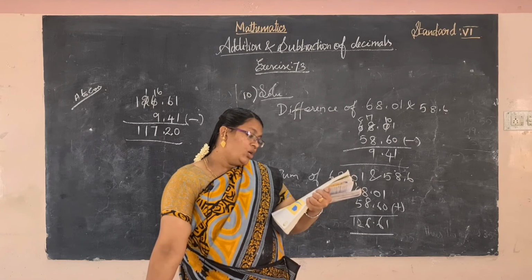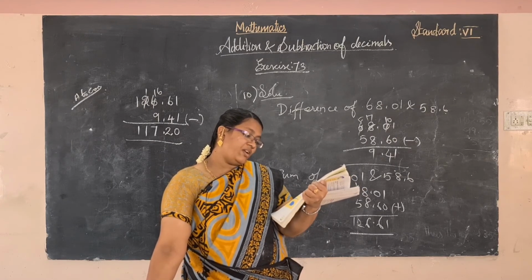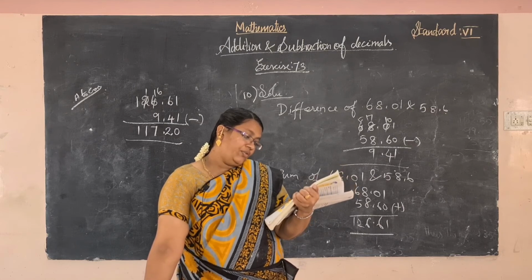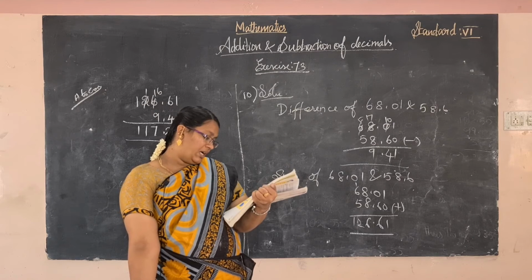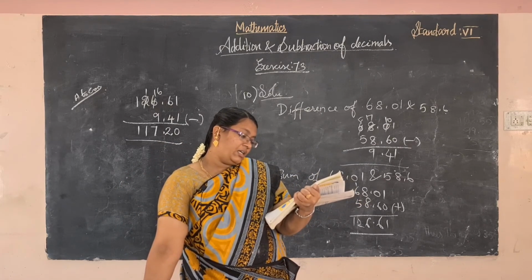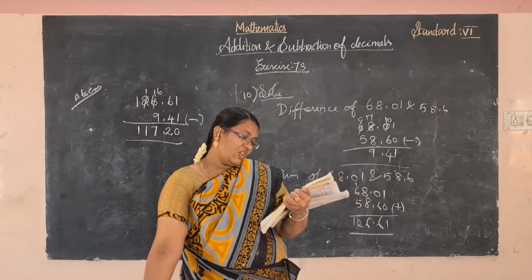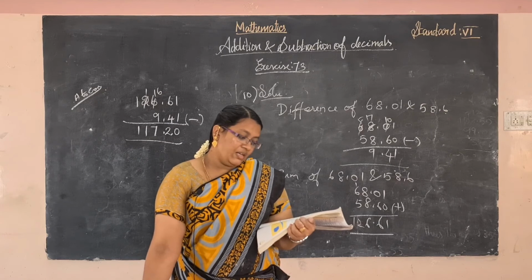And 11th one, a tanker of oil has a capacity of 820 liters. 2 drums of 247.75 liter and 350.50 liter capacity are filled with oil from the tanker. Find the quantity of oil left in the tanker. So what we do? First we have to add the given 2 drums values.